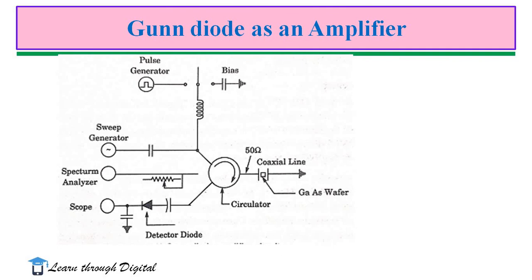Hence, substantially large output power can be obtained. Because of the presence of the high field domain, this amplifier is called a traveling domain amplifier. So therefore, Gunn diode can be used as an oscillator and also as an amplifier.